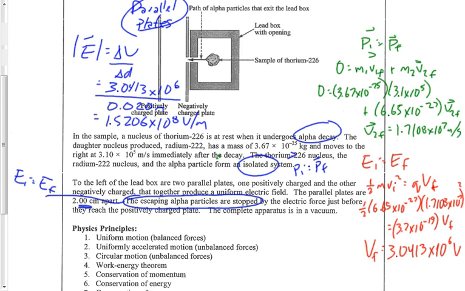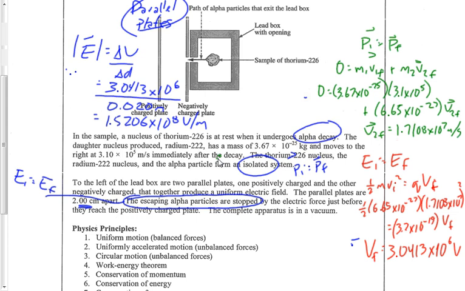Funny enough, the easiest part is coming up, and it might be the part that we struggle finding a little bit. But you shouldn't. Just take a step back from it for a second. We're looking for the electric force on the alpha particle. We didn't know how we were going to find it. We just did something that we knew was valid, something else that we knew was valid, something else that we knew was valid. And lo and behold, we come up with the electric field that acts between those plates.